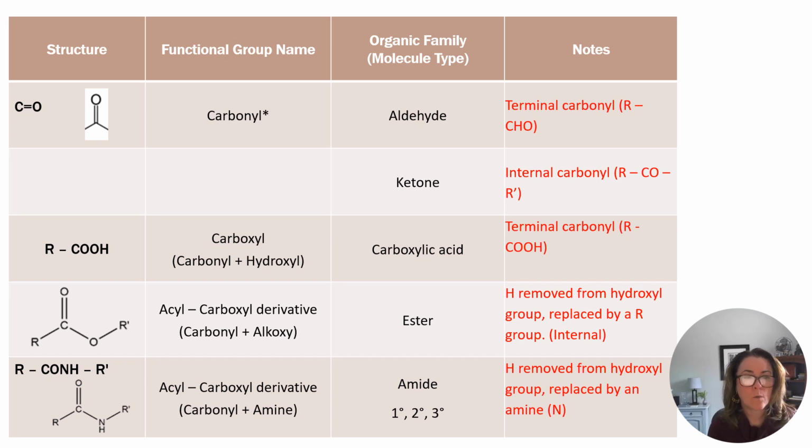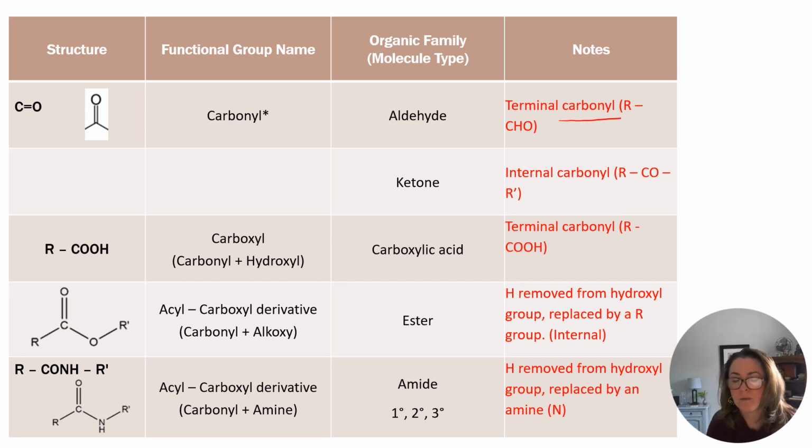We'll start with the aldehydes and ketones first. For both of them, their functional group is the same. It's a carbonyl. It's where this carbonyl is placed that is going to make it either an aldehyde or a ketone. For an aldehyde, that carbon double bonded oxygen needs to be a terminal carbonyl.